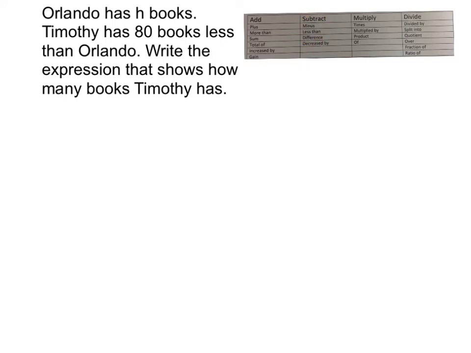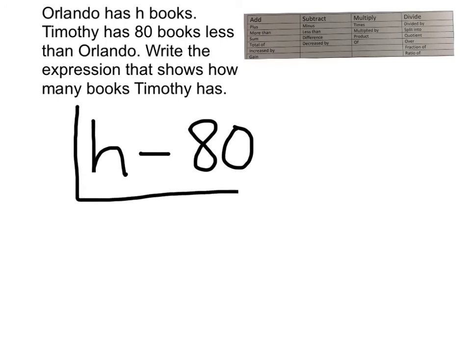So we need to write the expression that shows how many books Timothy has. Well, Orlando has h books. Timothy has 80 books less than Orlando. So there's Orlando's. If we subtract 80, because we have less than, and that was in our subtract column, that is the expression that shows how many books Timothy has. H minus 80.